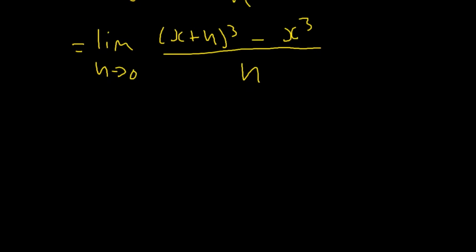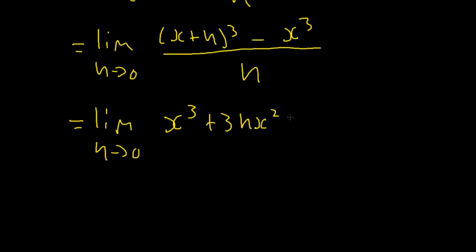Naturally, the first thing you always want to do is expand the top term right there. So, I'm just going to do a quick expansion: x cubed plus 3hx squared plus 3h squared x.